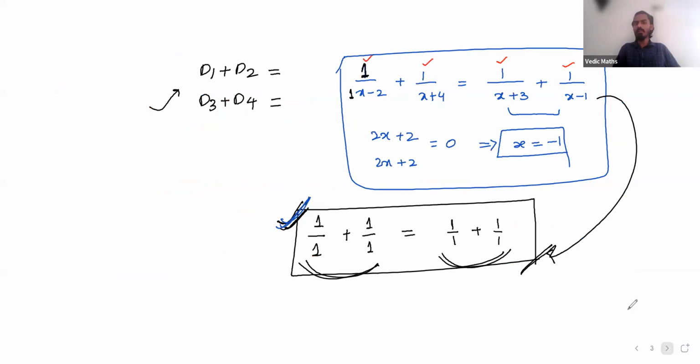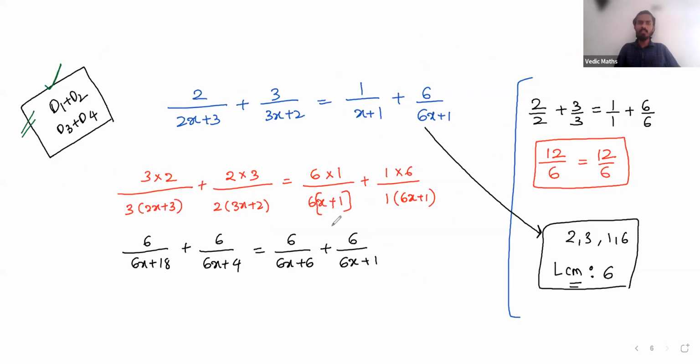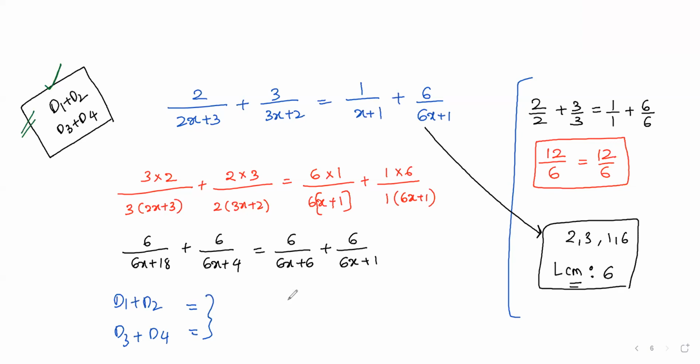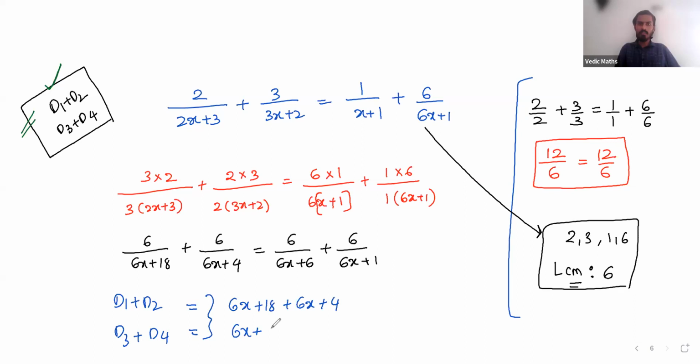Are you getting my point in this problem? So now we can directly apply D1 plus D2 and D3 plus D4. In both cases, how much are we getting? 6x plus 18 plus 6x plus 4, and 6x plus 6 plus 6x plus 1.